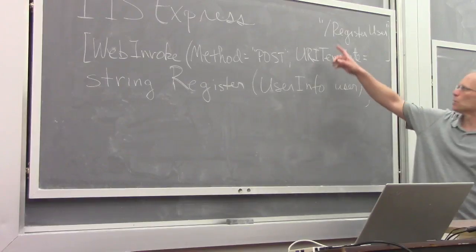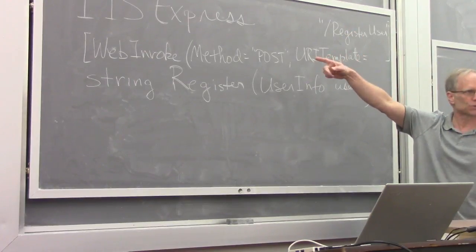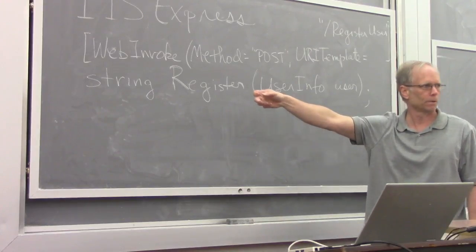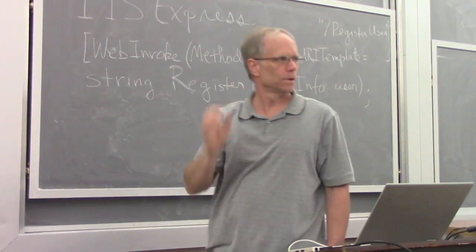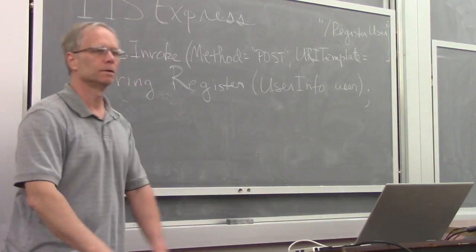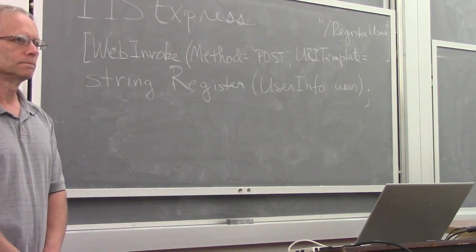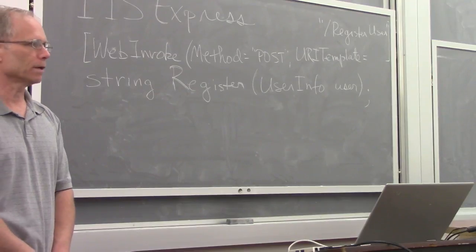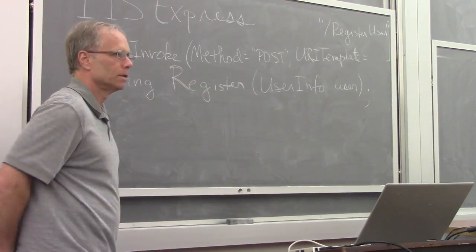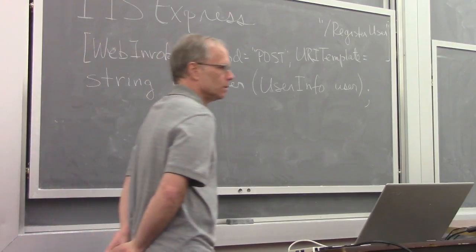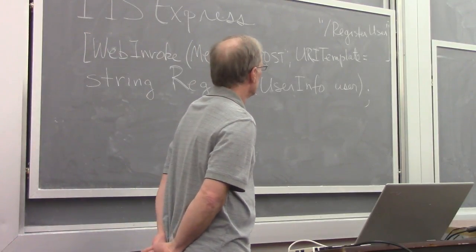Now, what about, does any request that comes into the server that ends with /register result in a call to this register method? Why not? What do you think? Yeah? Does it depend on post, the method we're invoking, like post, put?